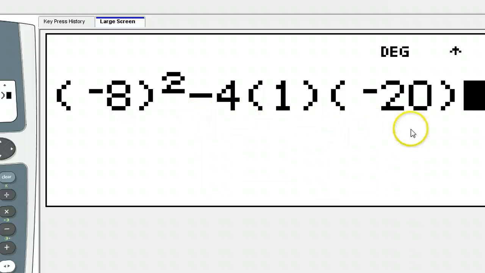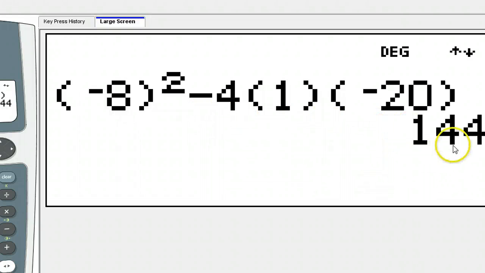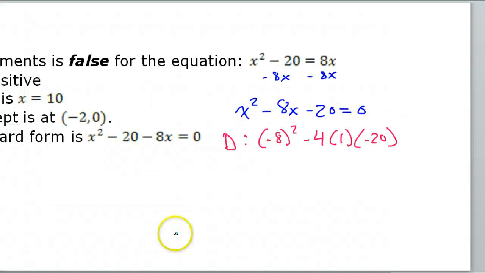So there you go. That's what it would look like. And positive 144. Okay, so the discriminant was indeed positive.